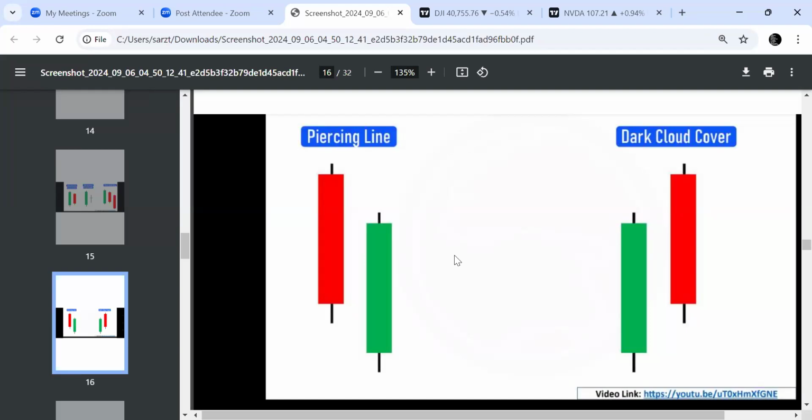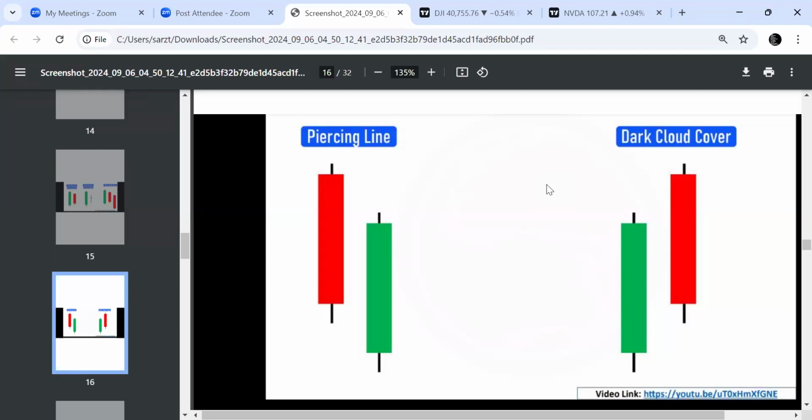So similarly, this is a piercing line and dark cloud cover. And again, if we try to remember them by the name, it will be confusing and difficult. So just the concept: in engulfing, it completely takes over. In harami, it will be inside the previous candle. And in piercing line and dark cloud cover, it has to cover the 50%, minimum 50%.